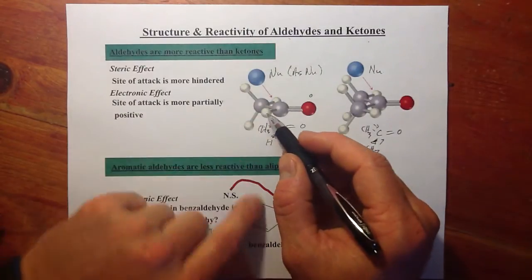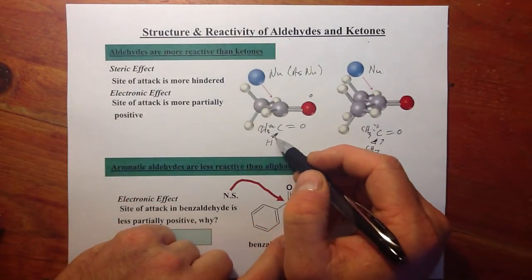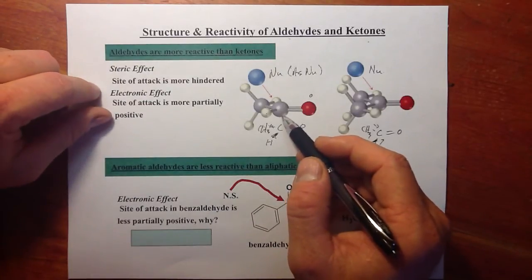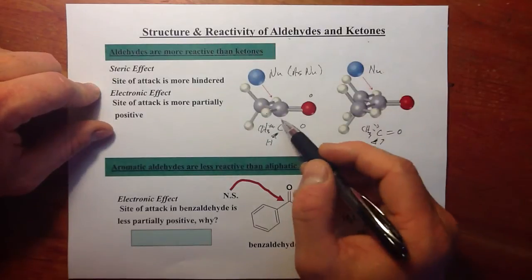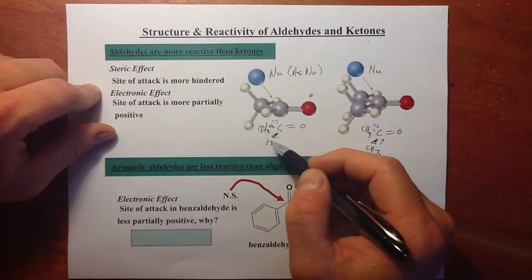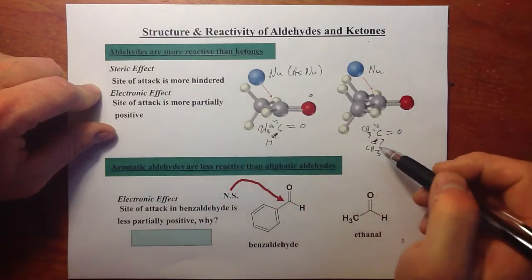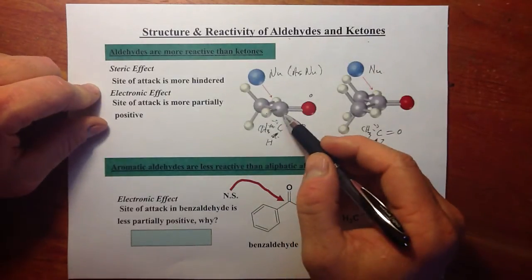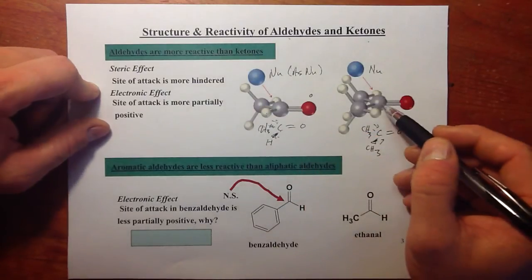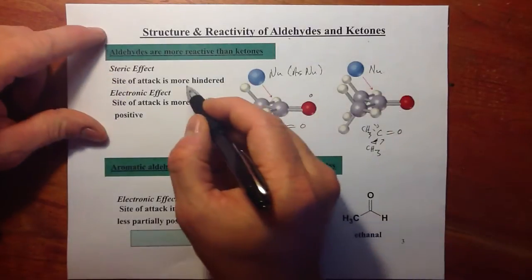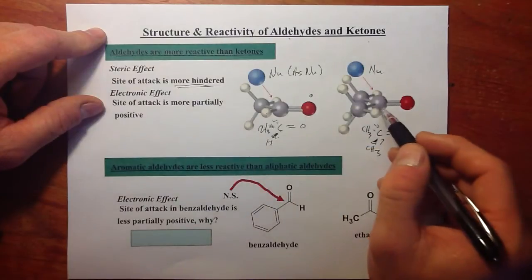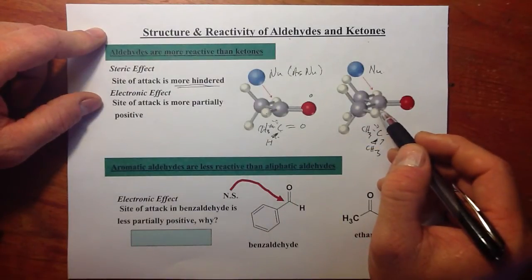The hydrogen, this little white ball, is smaller, so sterically the site is less hindered compared to the ketones. And electronically, you can't give as much electron density to the carbon from a hydrogen as you can from a methyl group. So the site here is more positive and more accessible. It's less accessible and more hindered in a ketone, and the ketone has a less partially positive charge.